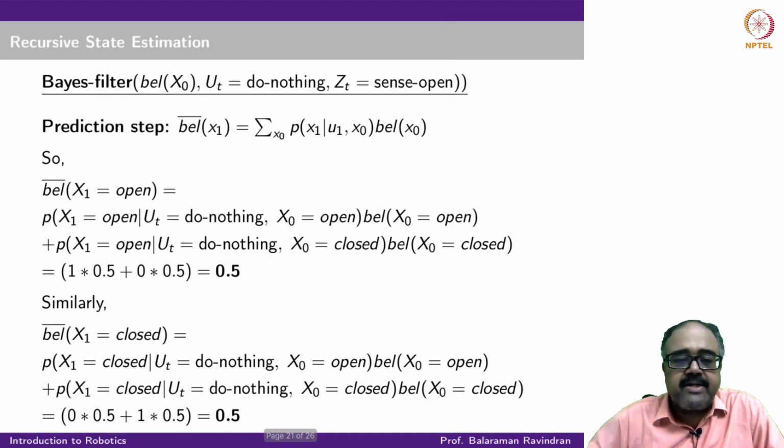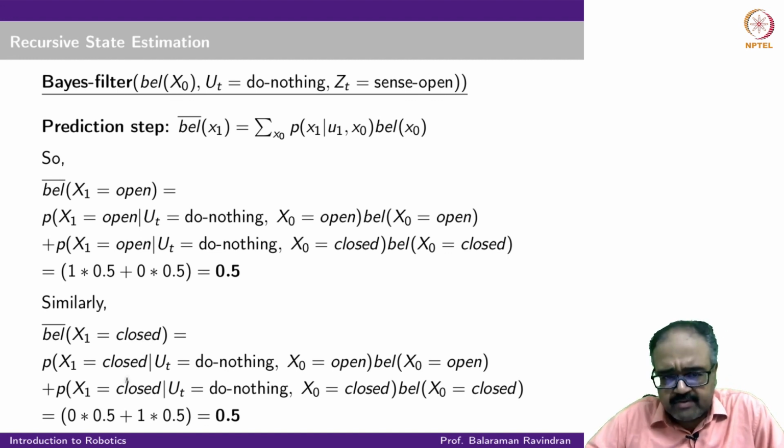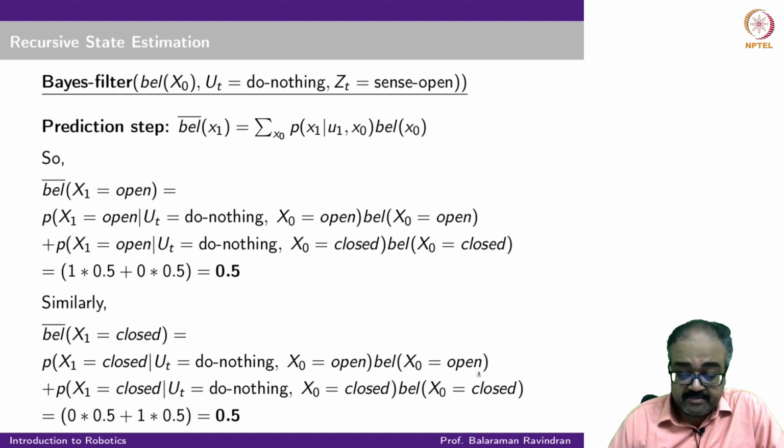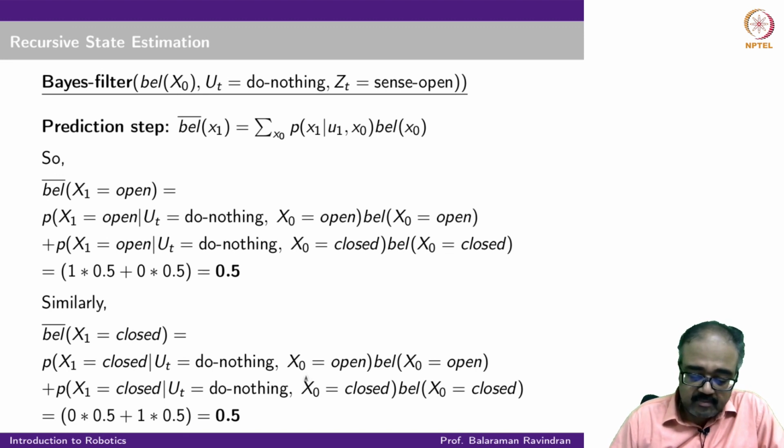And so likewise we do the same for bel bar of x1 equal to closed. Okay, of course you could always take it as 1 minus bel bar of x1 equal to open, but we'll just walk through the computation again. So likewise, you look at both values of x naught. So you consider x naught equal to open first. Okay, so belief of x naught equal to open, right? And so you start off with x naught equal to open, you do nothing.